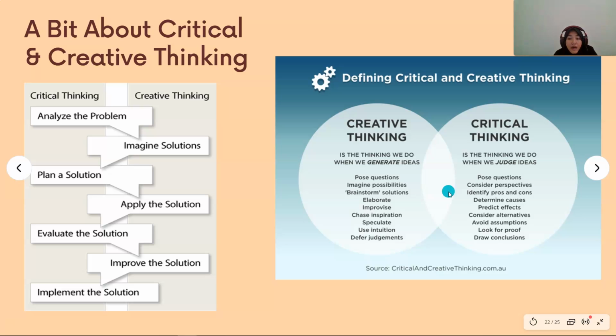You look at how you can propose a creative solution, identify pros and cons. So critical thinking is more about finding the solution for the creative or innovative solution, but creative thinking is to generate the ideas which you find out from the critical thinking process.